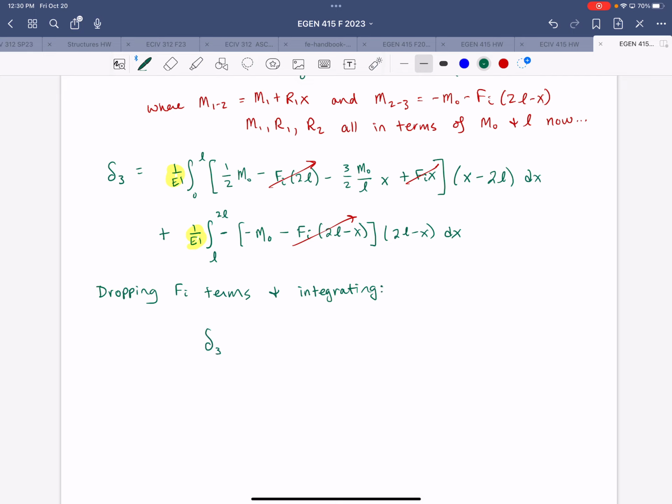So solving for delta 3, we would get 3 over 4 times M naught L squared over EI. Okay, questions? Okay.